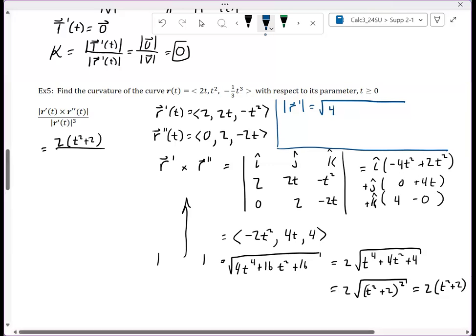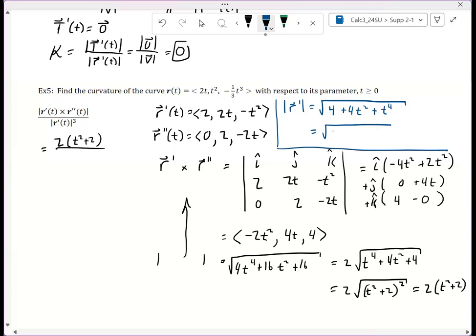So that's a 4 plus 4t squared plus t to the fourth. And again, I recognize this as a perfect square. I see that this is 2 plus t squared, all squared.